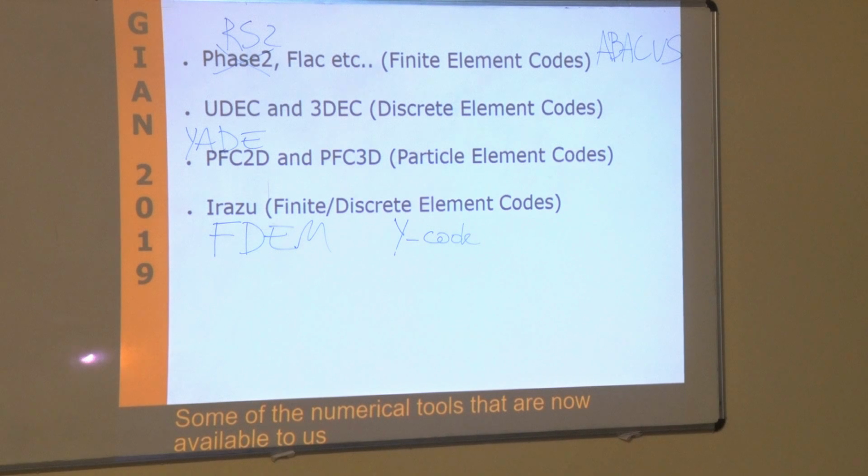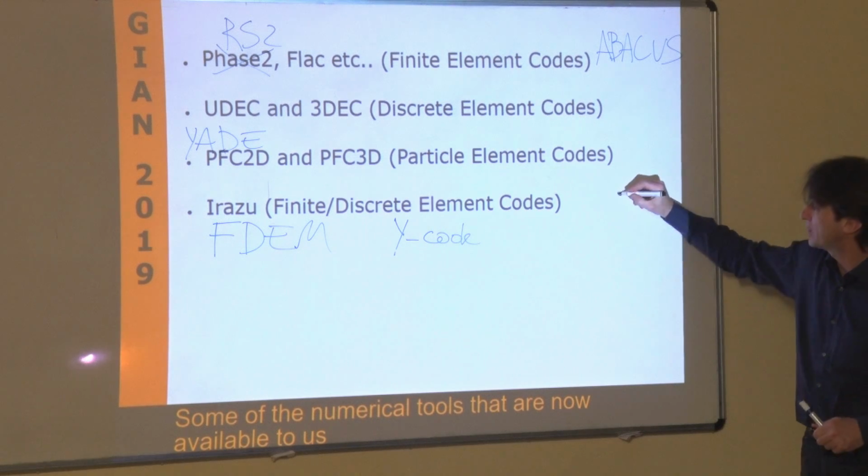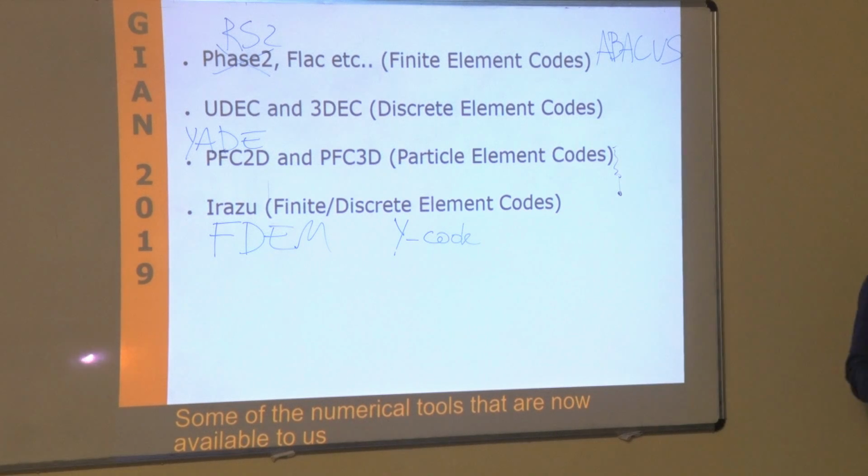Now, another methodology that is used, especially if you're looking at slope stability, are the so-called smoothed particle hydrodynamics codes. Instead of having particles, you reduce everything to a single dot and springs, and those elements can flow very well.